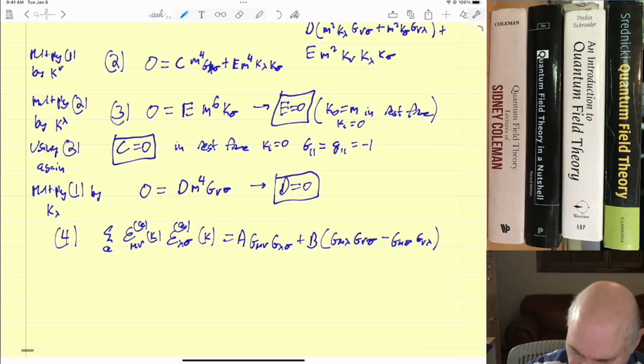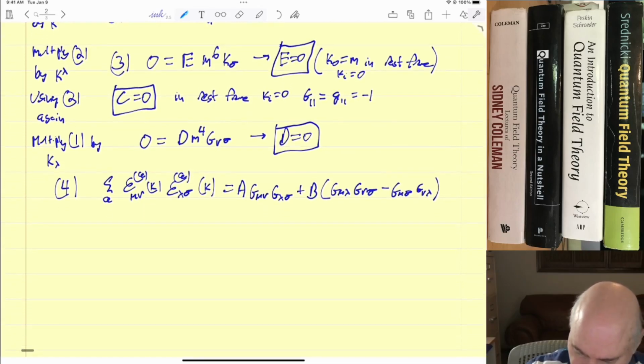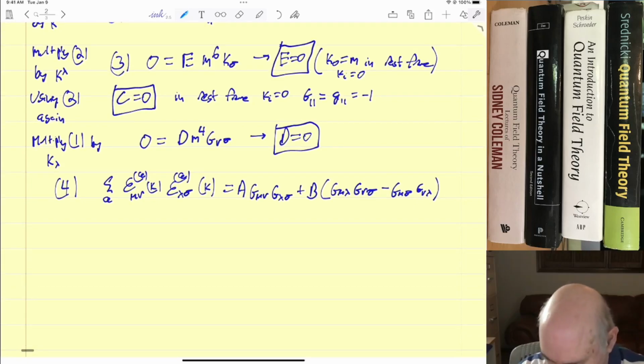Okay, so we've only got 2 terms in our polarization sum, which is good. And we have to determine exactly what A and B are.